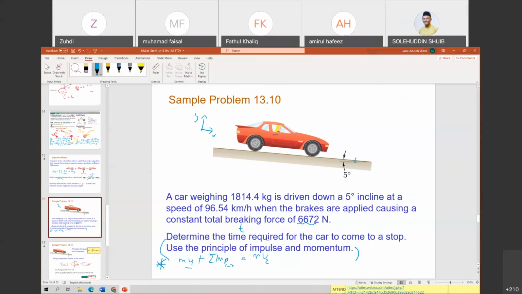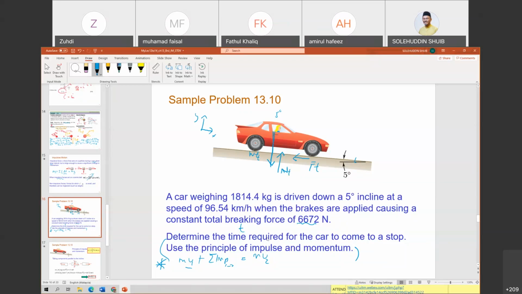For the impulse, we have the body weight going down at an angle of 5 degrees, the braking force, and the normal force. This is weight, and this is normal.